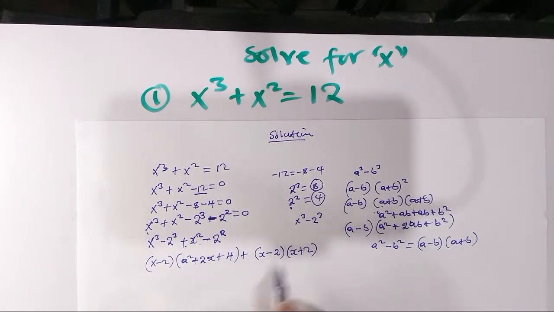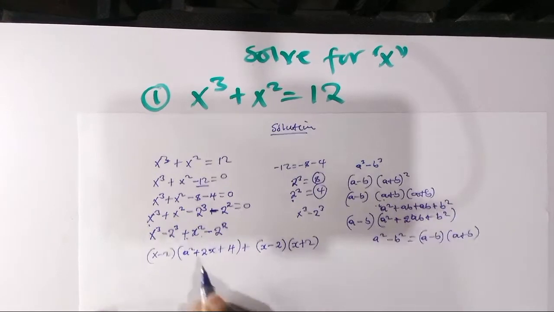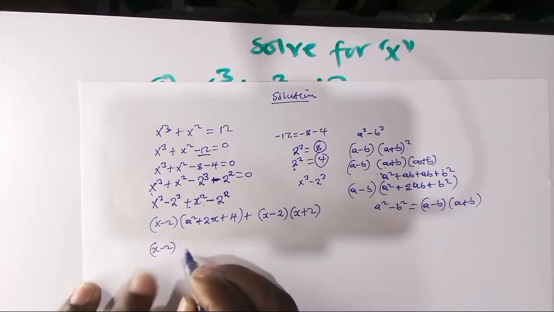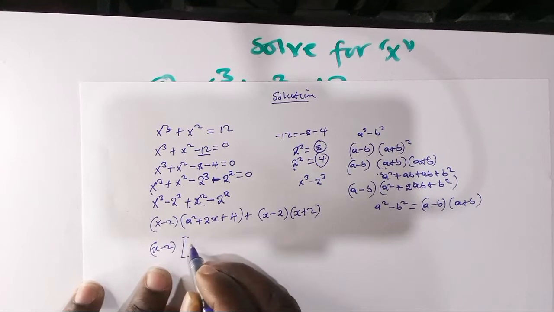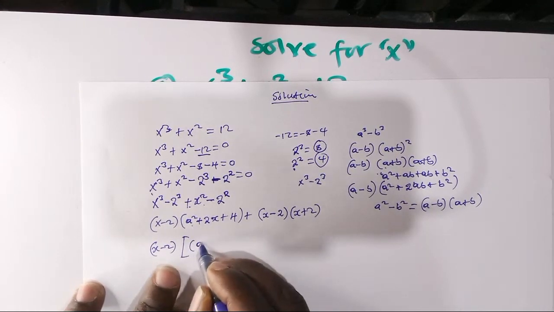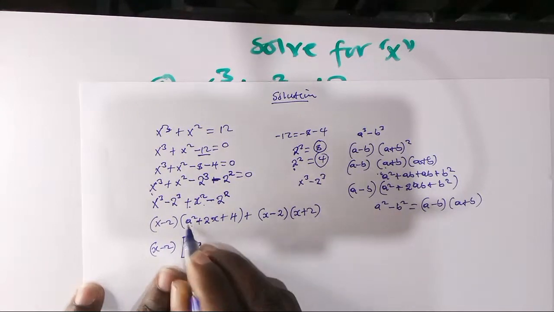Then here we can factor out x minus 2, which is common even here. So we are going to say x minus 2 as its own term, then an open square bracket, then an open bracket where there's a, we have x.